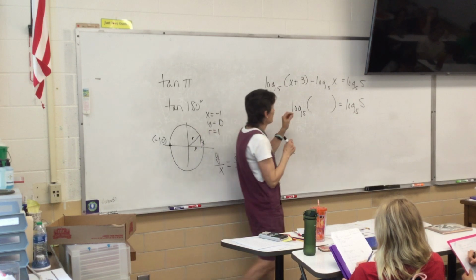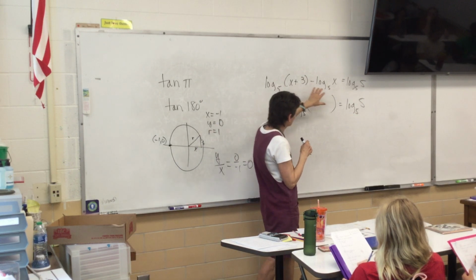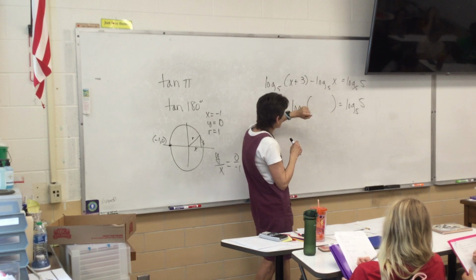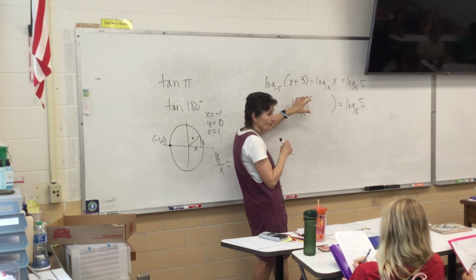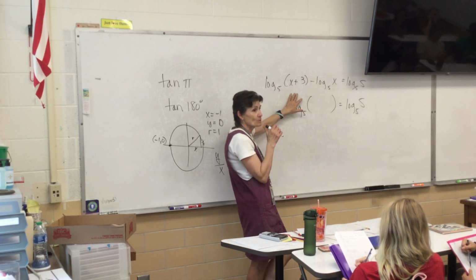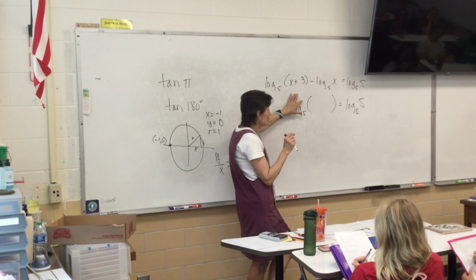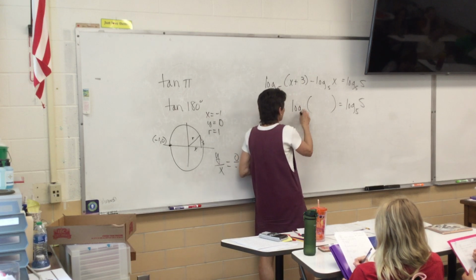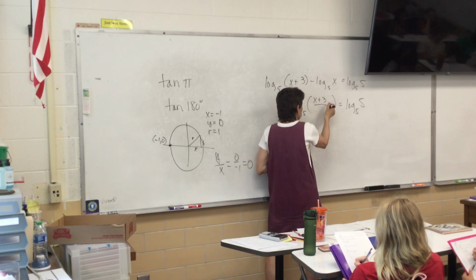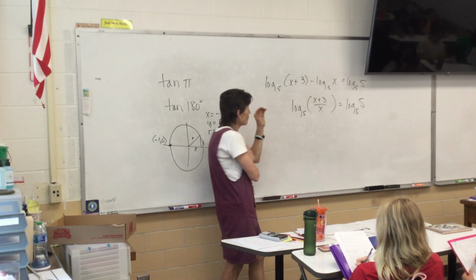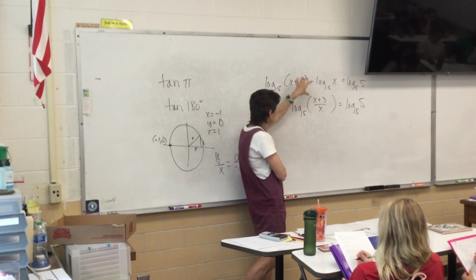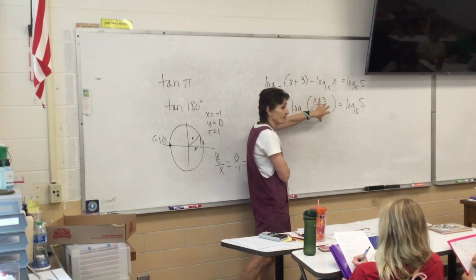Since there are two logarithms here being subtracted, who remembers how we can put them together as a division? So this becomes the log of x plus 3 over x. When logarithms are subtracted, their numbers are divided.